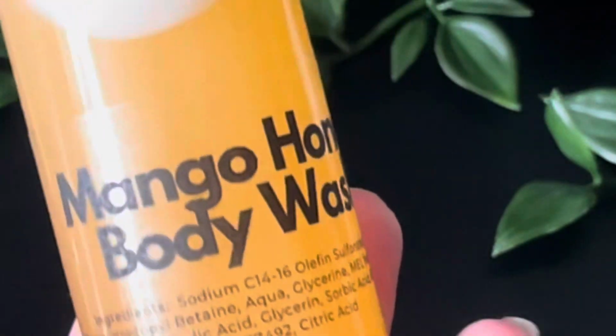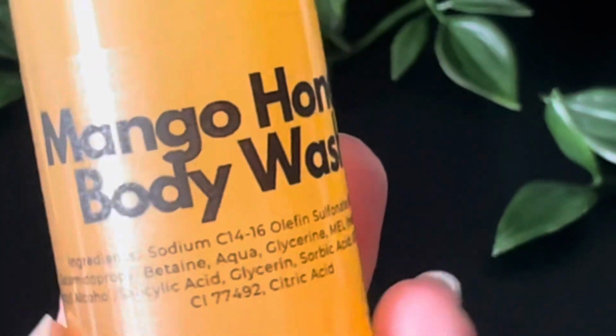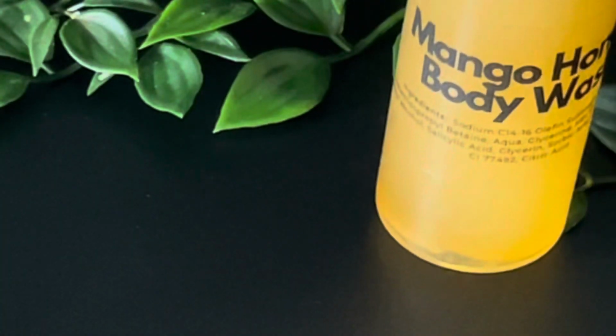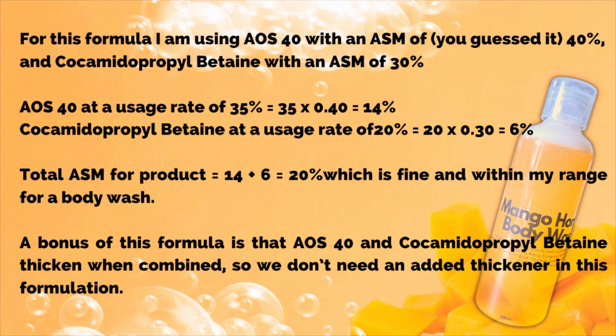But they can sometimes be slightly irritating, so things like co-surfactants can be added to make the product milder, such as an amphoteric surfactant like cocamidopropyl betaine, which can help the formula counteract that irritation. You can also add humectants, moisturising ingredients and actives to make the skin feel really nice after use.